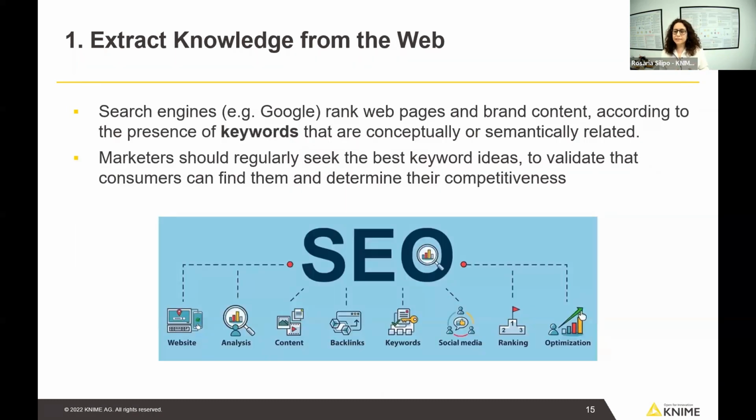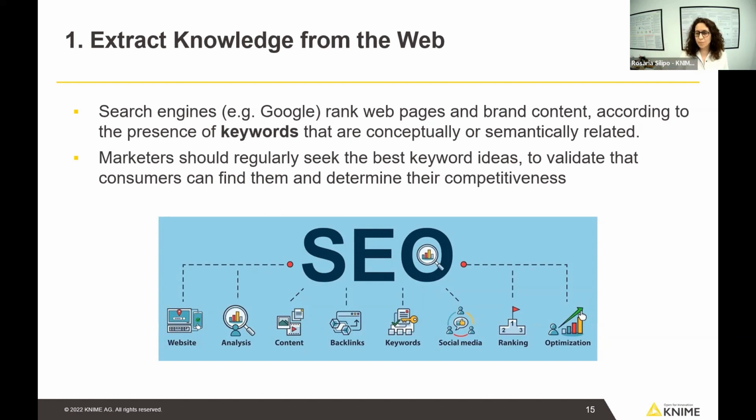The second question was, how can we make our web page stand out for search engines? This is a problem of search engine optimization, or SEO. Search engines like Google crawl the web page content and then rank the web pages according to the keywords they contain.